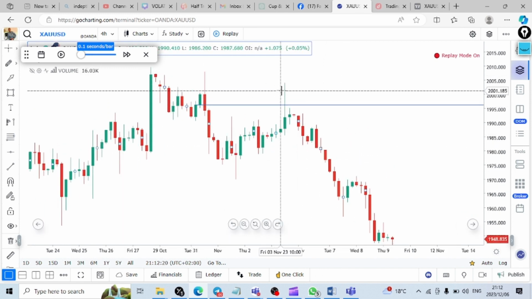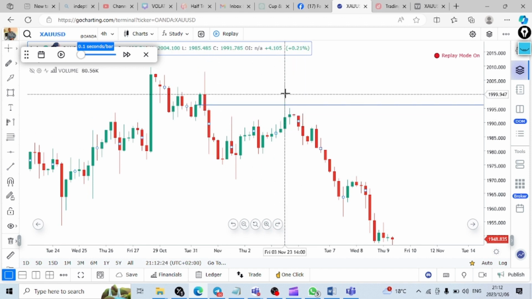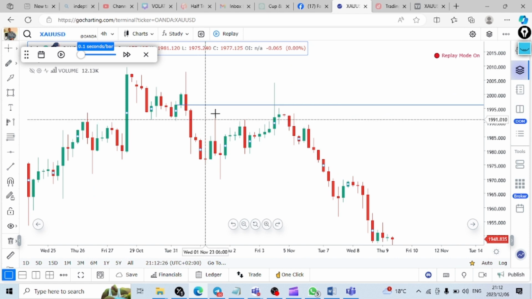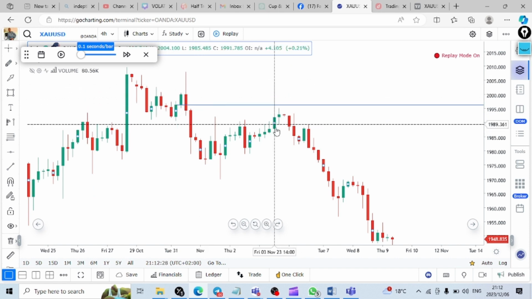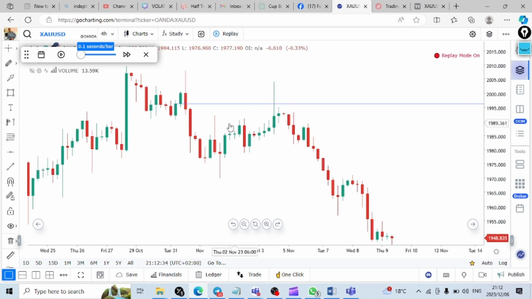Okay, so from that particular level, we can see price was able to retrace and was rejected. We can see there's a very big rejection that took place on this 4-hour candle, and we can see price started to move downwards. So we're only talking about the first execution, but there are about 3 or 4 ways that we can use when we're trading order blocks. And in today's lesson, I'm just trying to simplify it here.